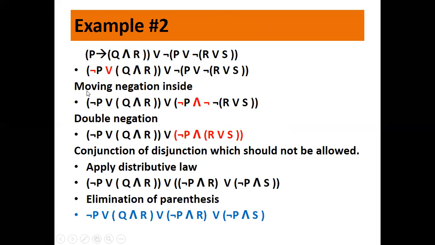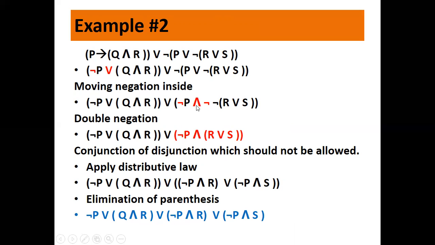Now the second thing we are doing is moving the negation inside. If you look at this negation, it is outside the parenthesis. Negation should be associated with a particular literal, but it is outside the parenthesis. So we'll move the negation inside. When you move the negation inside, this or operator gets converted into an and operator. We have already seen it in the previous example also.